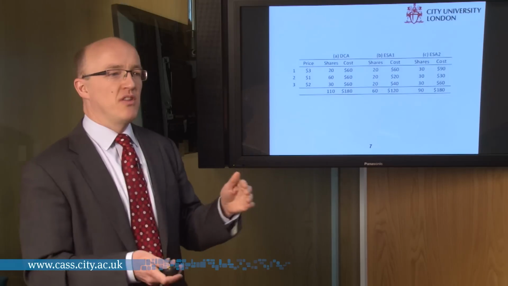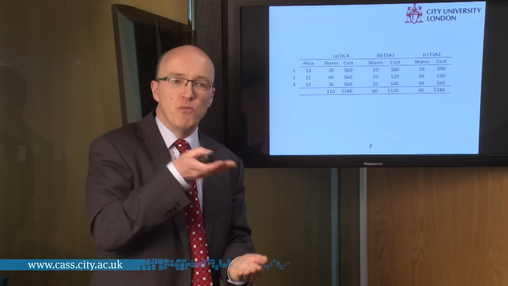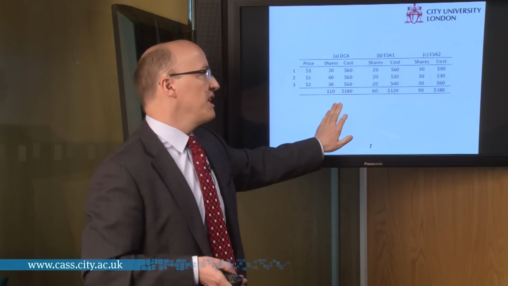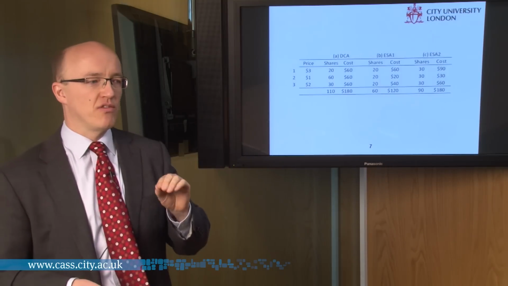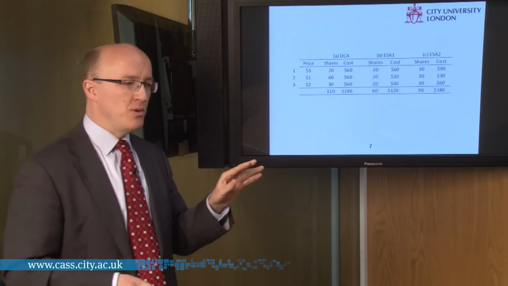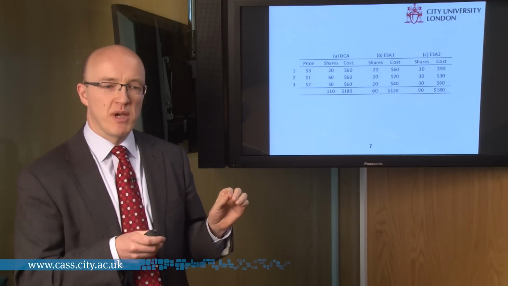It's only because this strategy is based on the foreknowledge that prices are going to fall that it knows it must buy more shares each period. So we are comparing dollar cost averaging with this strategy, which is based on perfect foreknowledge of future share prices. That's bad news. The worst news is, what is this comparison strategy doing with this information?